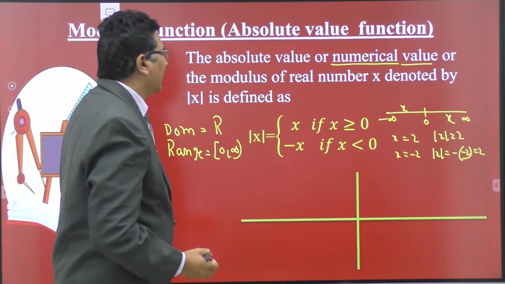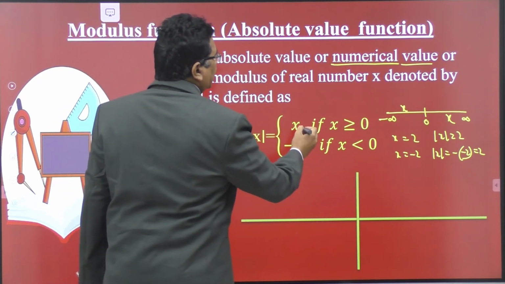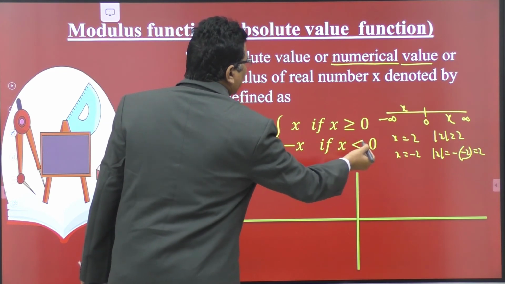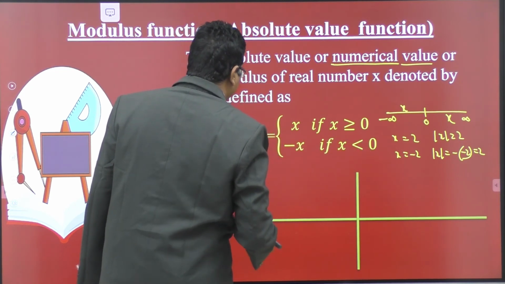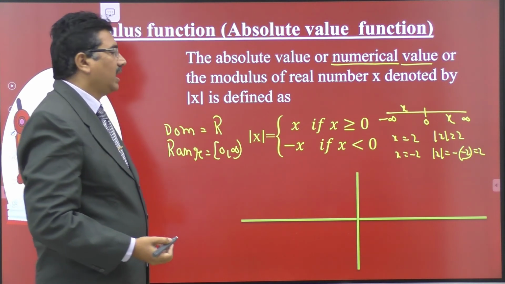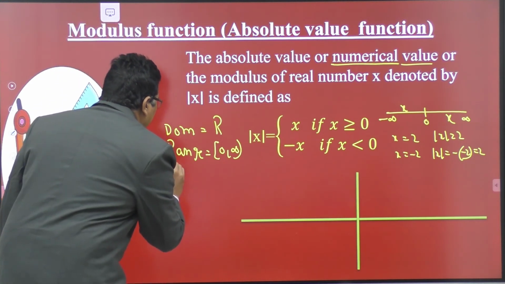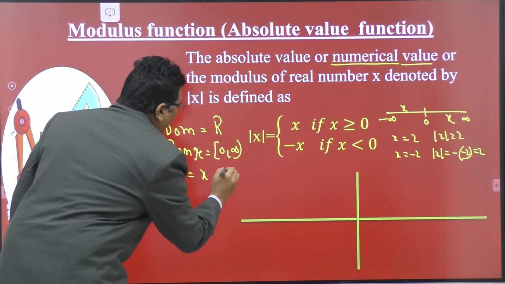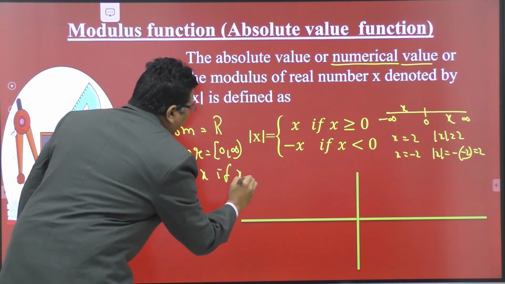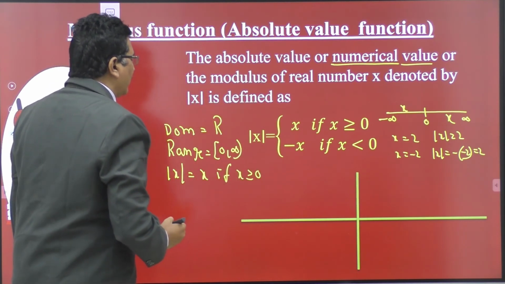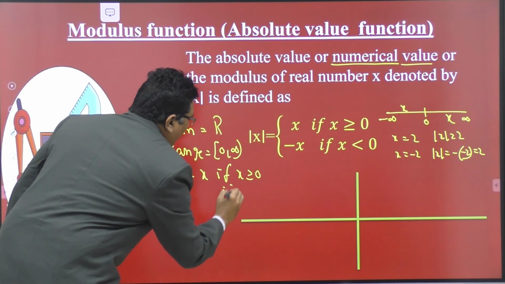Here mod x is equal to x if x is greater than or equal to 0, and minus x if x is less than 0.